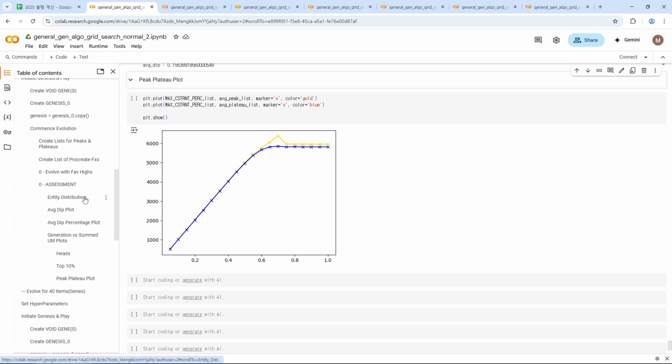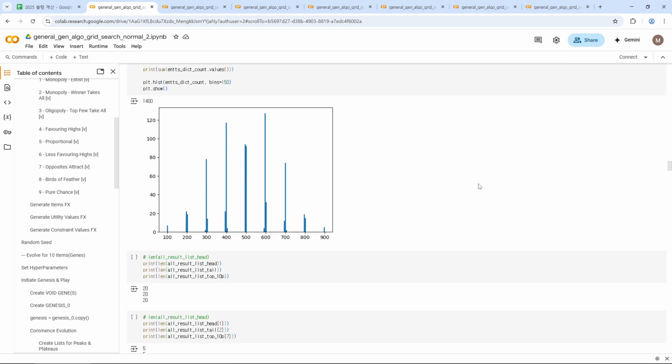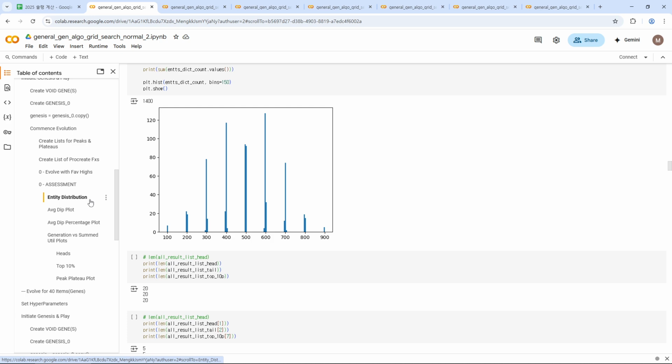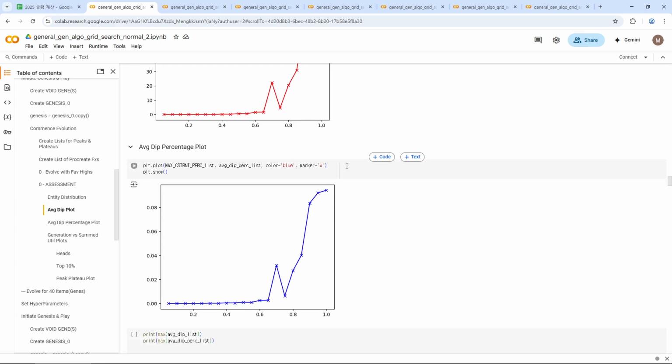So when we have 10 items from the normal distribution, this is the entity distribution, somewhat of a normal distribution. Again, central limit theorem. And this is the average dip plot, as expected.